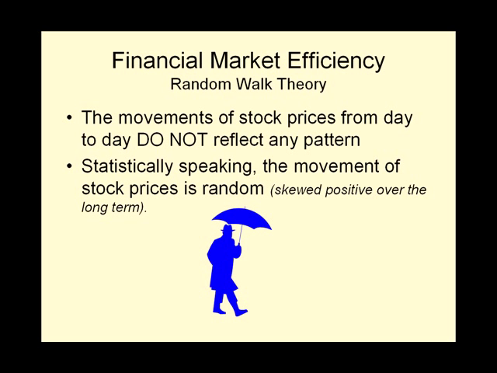Statistically speaking, the movement of stock prices is random and skewed positive over the long term. As we have learned, the positive skew has produced a positive return on investment in stocks over the long run. But in the short run, you can't predict movements in stock prices based on previous stock price movements.